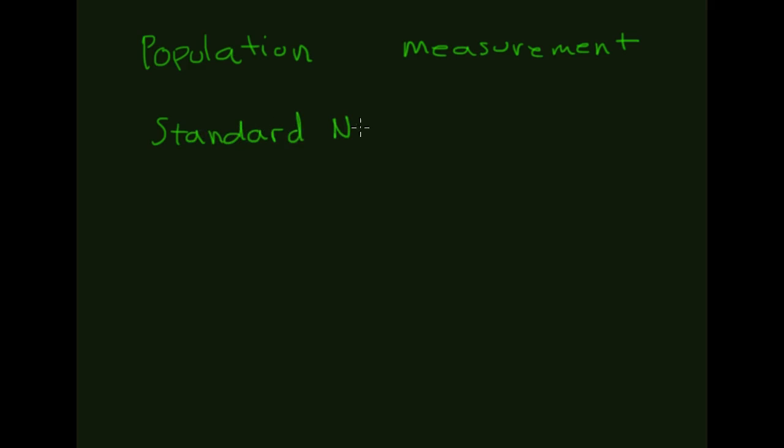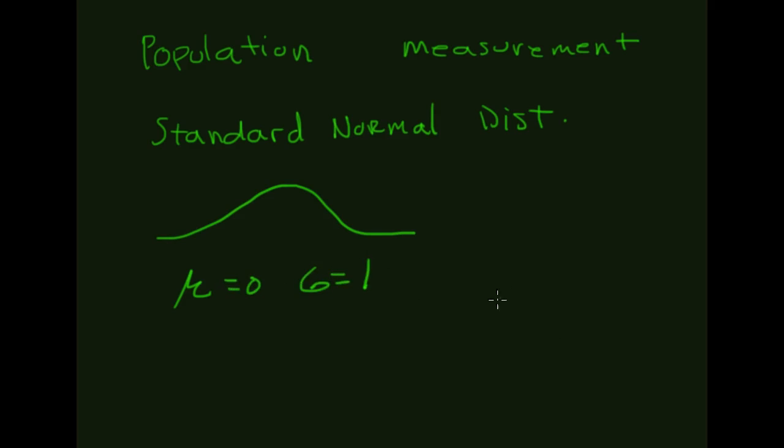Okay, so let's say we have a population, and if I take a measurement on that population, that measurement is distributed by a standard normal distribution, which means its probability density function is the symmetric bell shape with a mean of 0 and a standard deviation of 1.